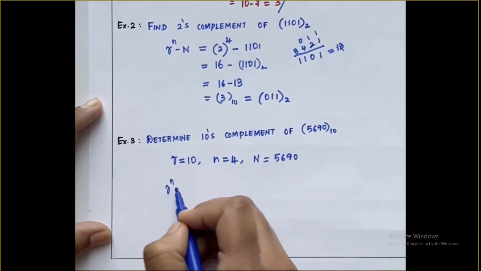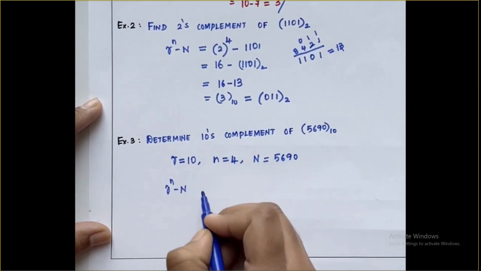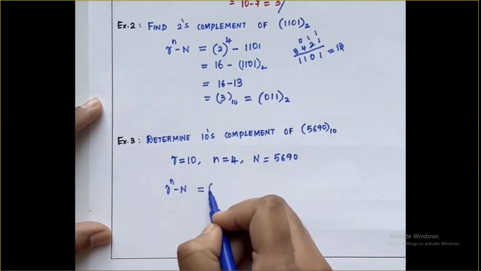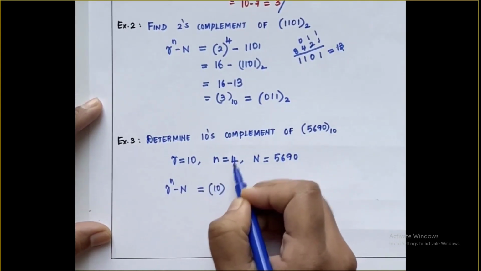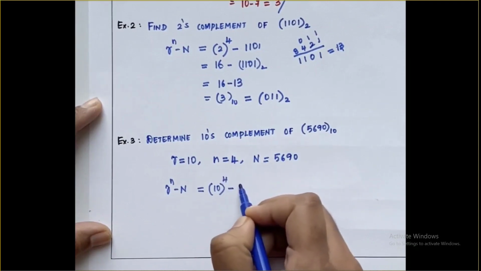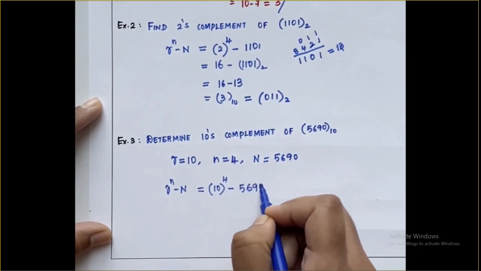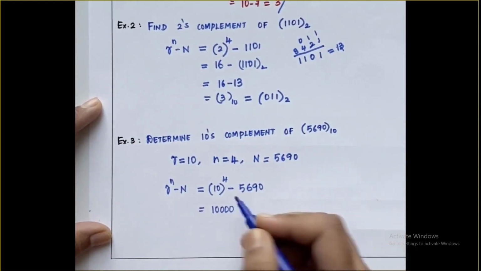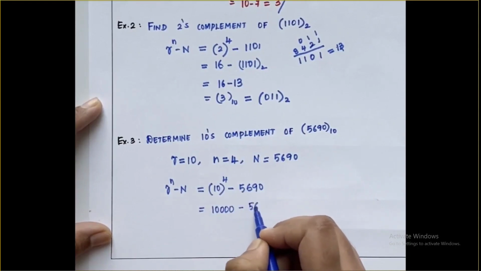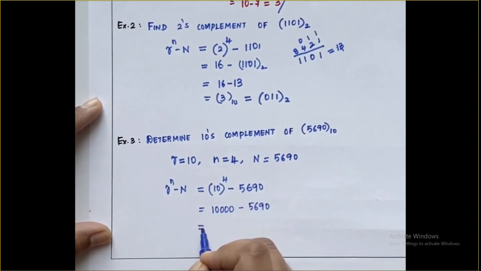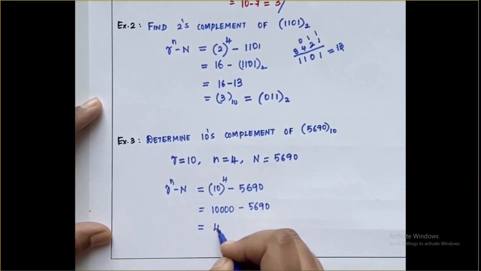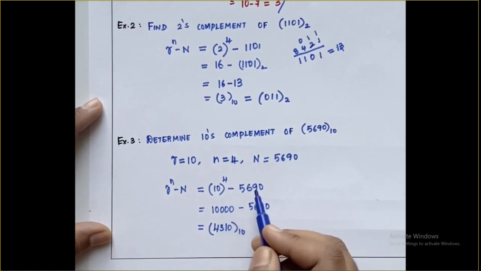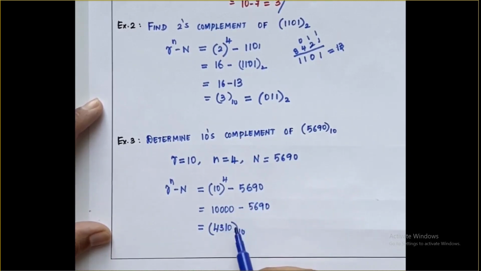Now let us use the formula R power n minus N, which is 10 power 4 minus capital N, which is 5690. So 10 power 4 is 10000 minus 5690. Now we subtract to get the value 4310 to the base 10. So this is the 10's complement for the given number 5690 to the base 10.